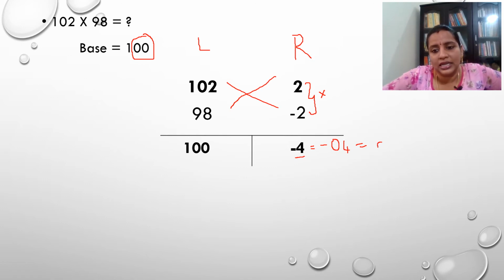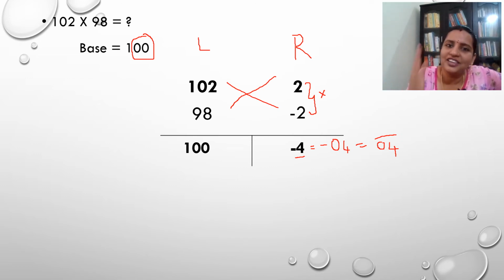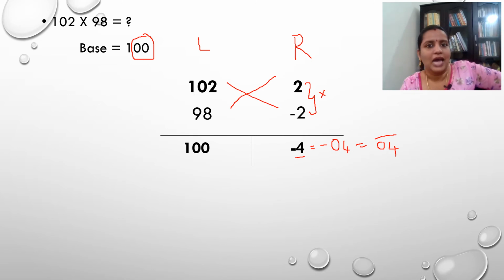So consider taking it as a Vinculum number, 04 whole bar. The 0 also corresponds here to the bar number. It is also under the bar, as minus 4 or minus 04. Both are negative numbers.